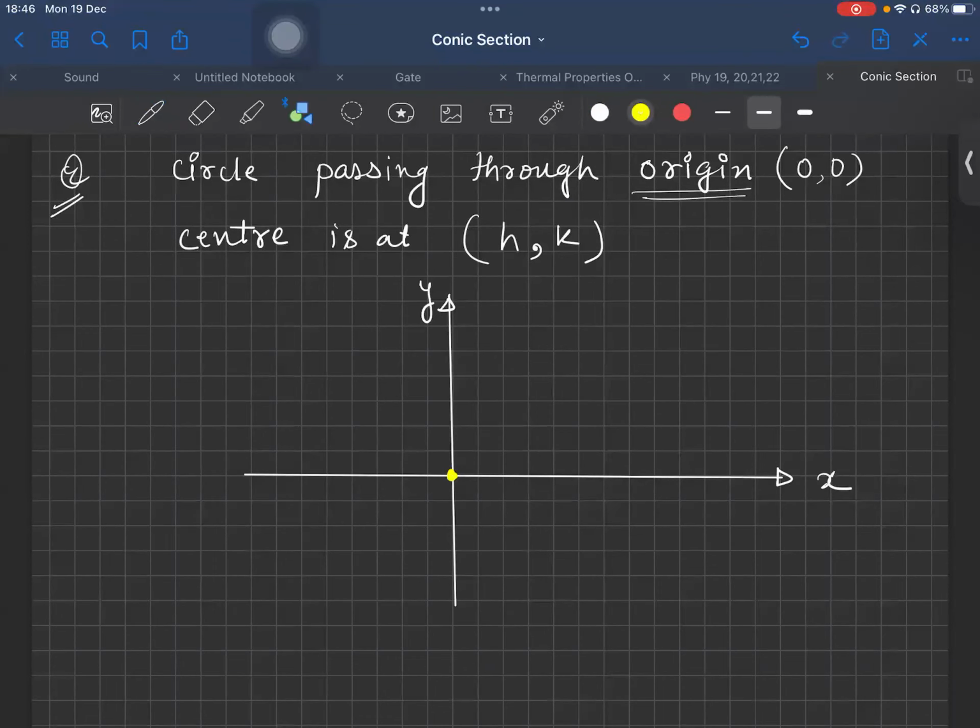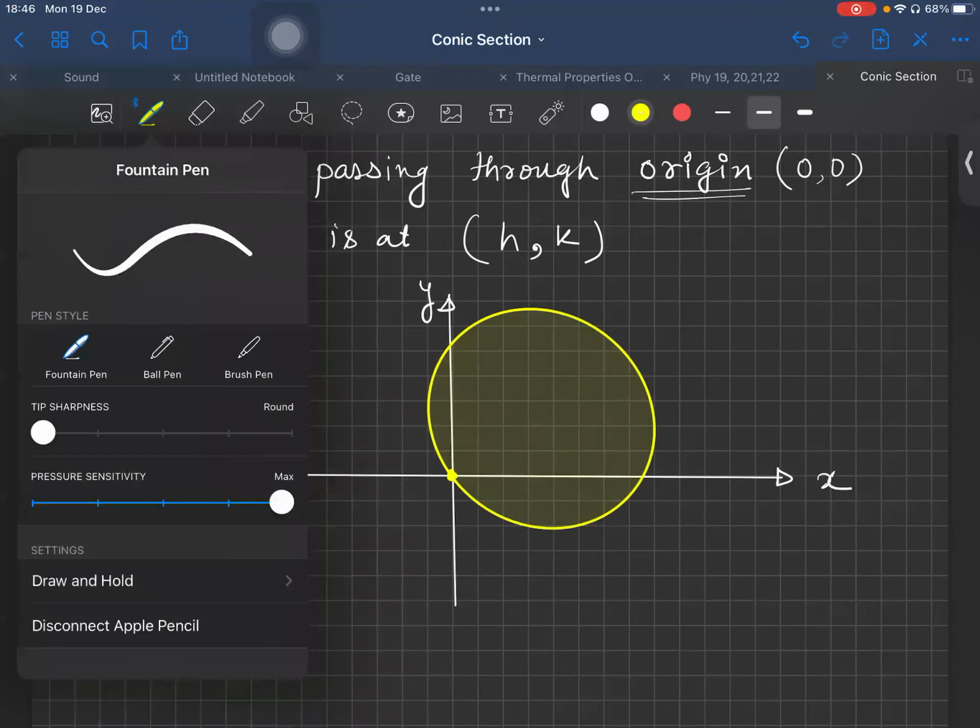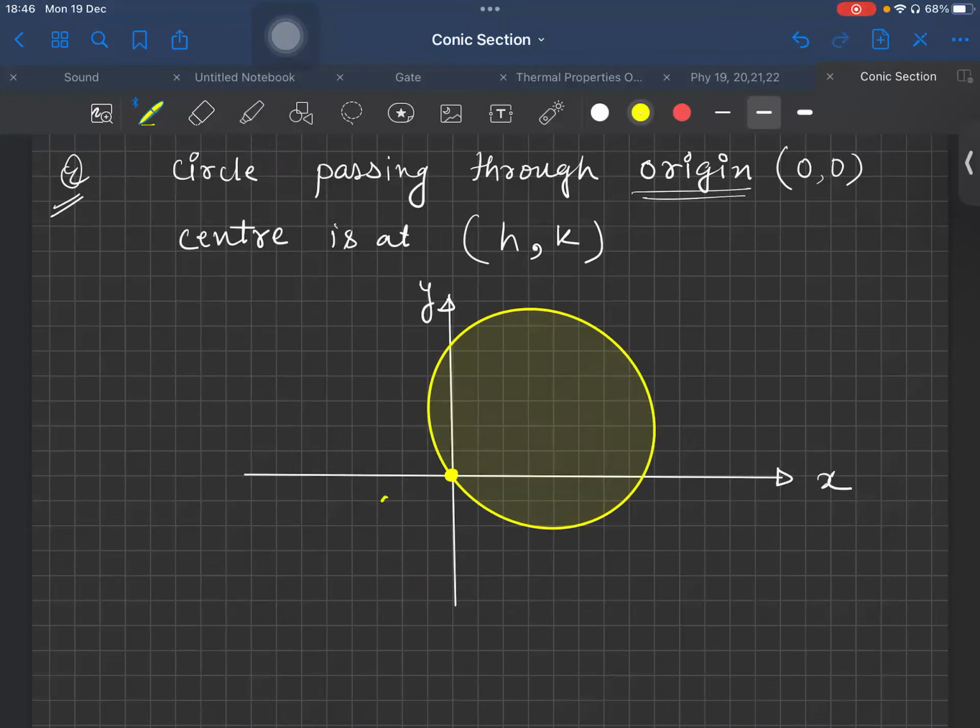So let's draw a circle which can pass through the origin. This is the origin, isn't it? So it is passing through 0, 0. And its center is where? h comma k. This is the center, h k.